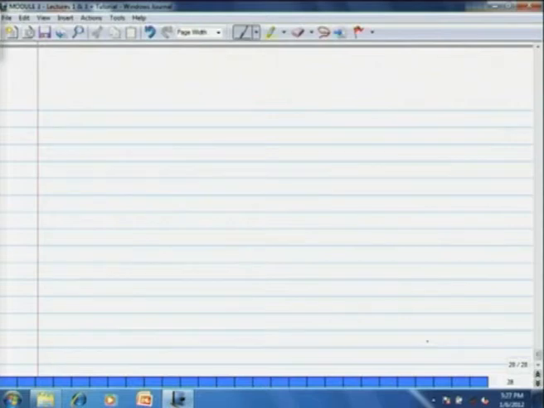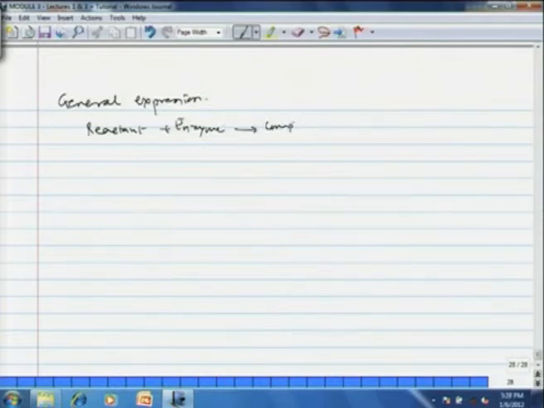So, we can write the general expression for this: reactant plus enzyme gives complex, which further splits to products plus enzyme.